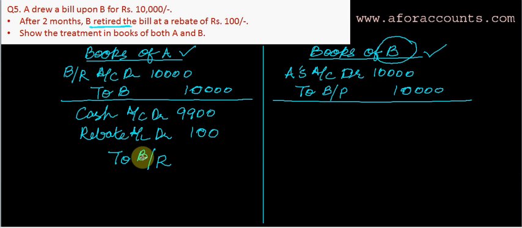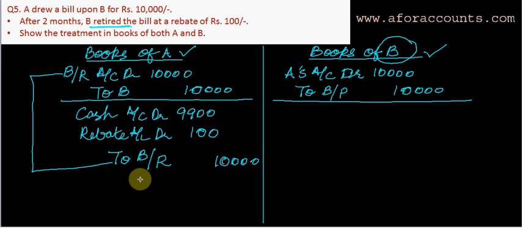You have to bring this to an end. So what you had debited, you have to credit here. It is 10,000.